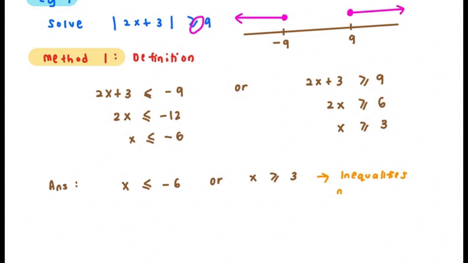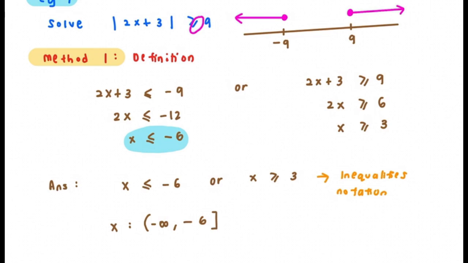Second type of answer, you can have in this form, where x starts from negative infinity until negative 6, which is the first answer just now, x less than or equal to negative 6. So how do you put it in the interval form? You can have from negative infinity, open bracket, until negative 6, close bracket. Why close bracket?